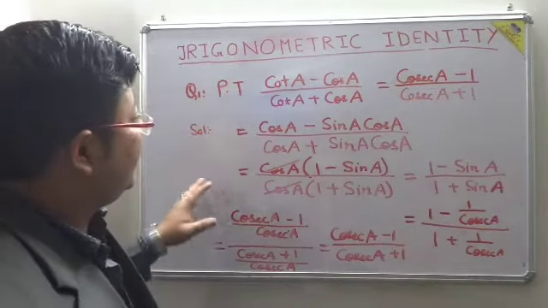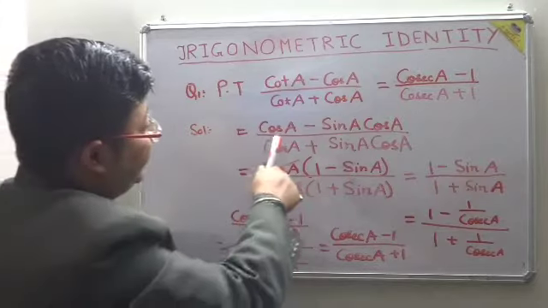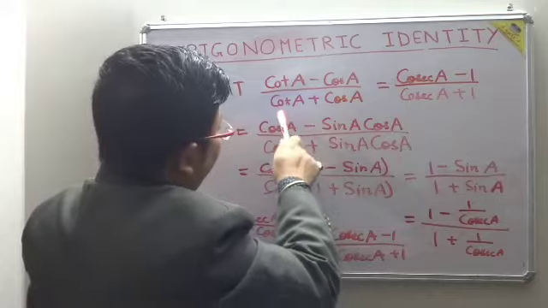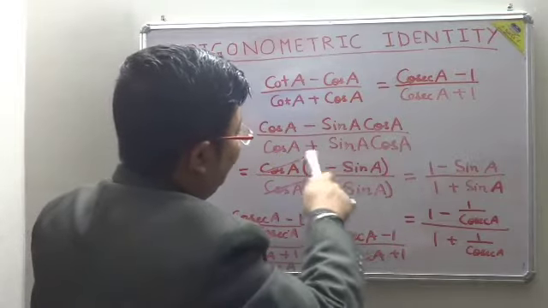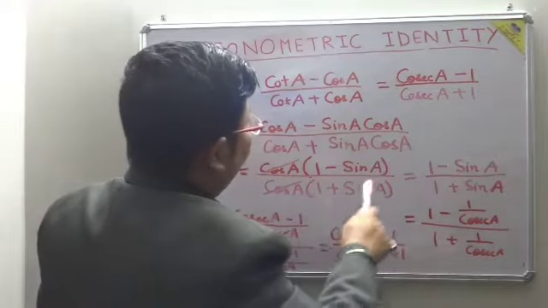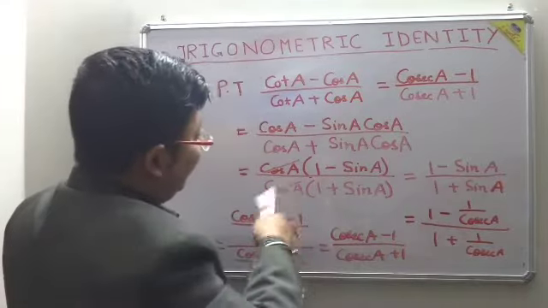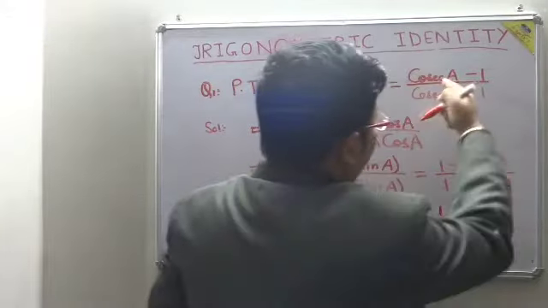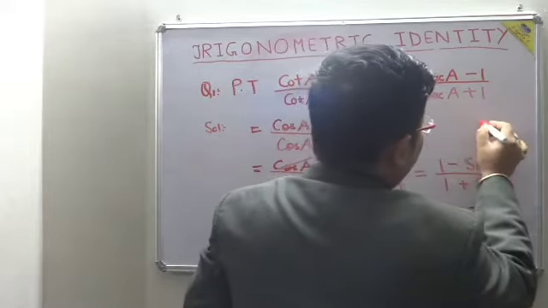What we have done? See, I will tell you from here. Cos A minus sin A cos A divided by cos A plus sin A cos A. We have taken cos A as common, so we will get 1 minus sin A. Again in the denominator we will take cos A as common, so we will get 1 plus sin A. So our cos A will cancel out. We will get 1 minus sin A divided by 1 plus sin A. So how to get cosec A?